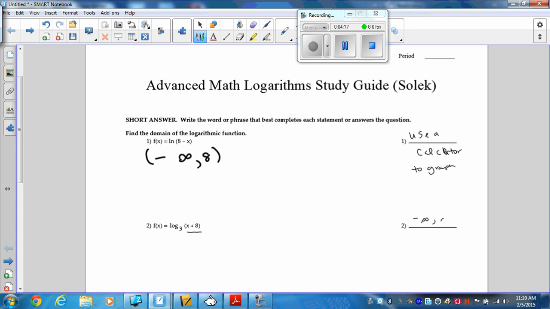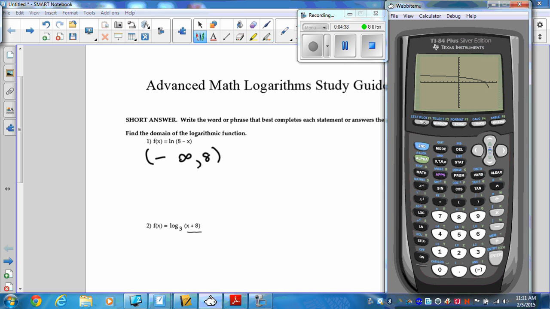And it's going to go to infinity. But you can see that also in your graph. So let's take a look at the graph for that one. Negative 8 to infinity.